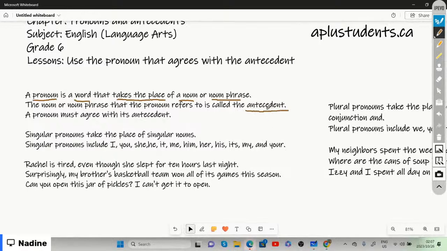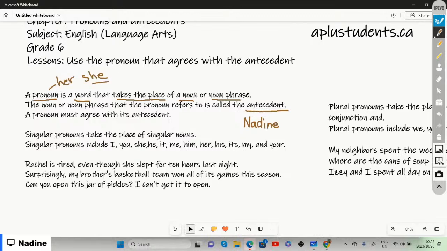Basically, that antecedent is the actual name. So if, for example, the name is Nadine, then you may refer to her as she.